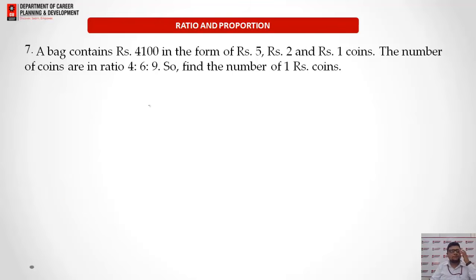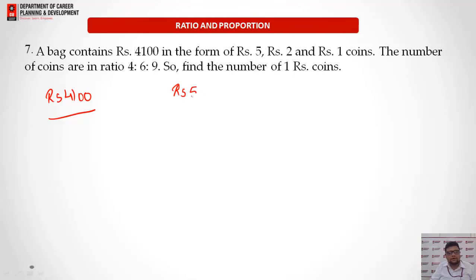Okay. Now let us move to the next question. Next question is based on coins. The question is, a bag contains rupees 4100. Out of this 4100 there are 3 forms of coins.